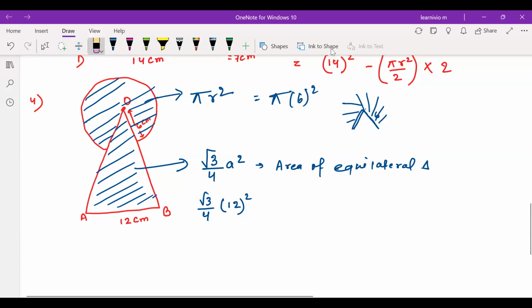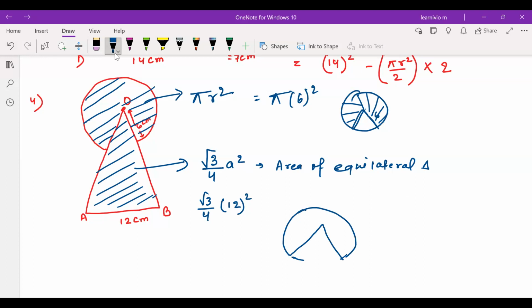Okay, let me draw it again. It's like this one. Let me show you. We have a circle. But if you are taking out the area of this complete circle, that means you have to subtract the area of the sector, right?